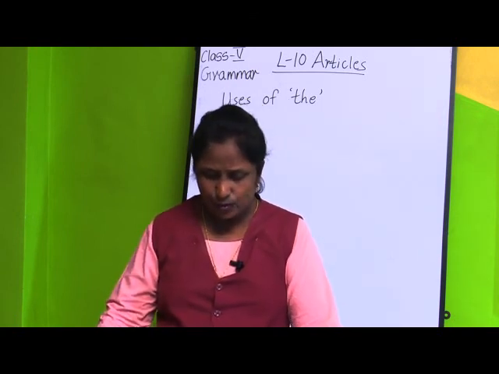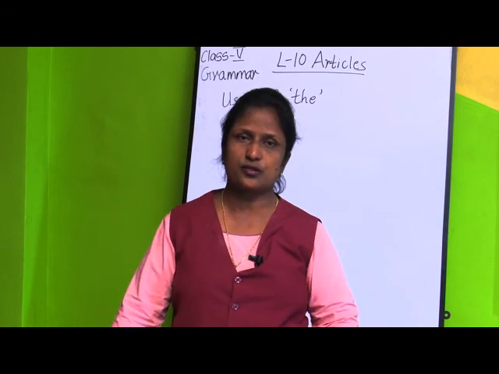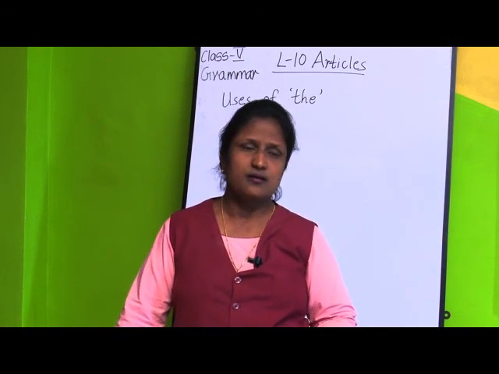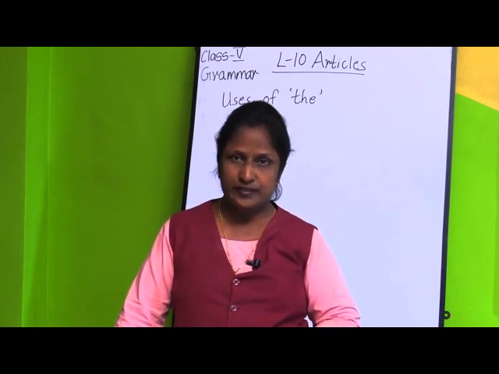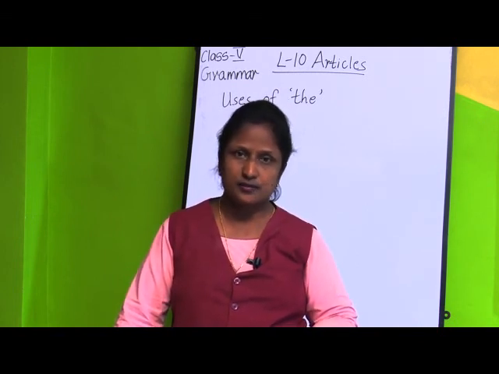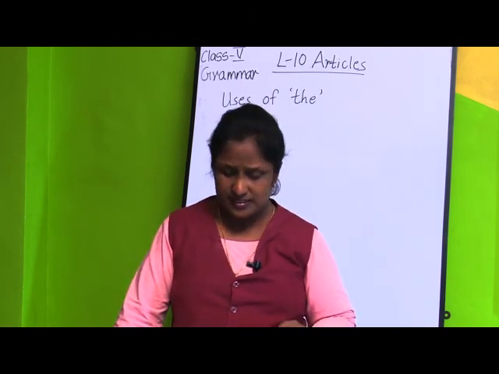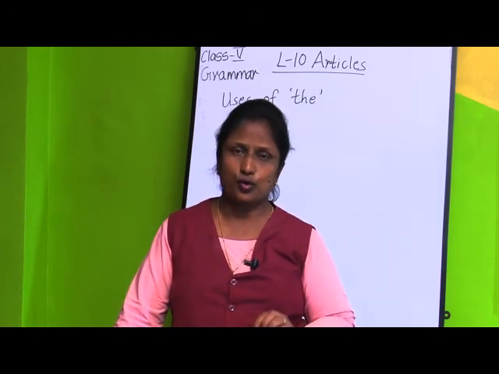Then we are not going to use the article "the" for the qualities also, like abstract nouns. We cannot say "the honest", "the peaceful", "the innocence" or "the intelligent". We are not going to use the article "the" for the qualities.